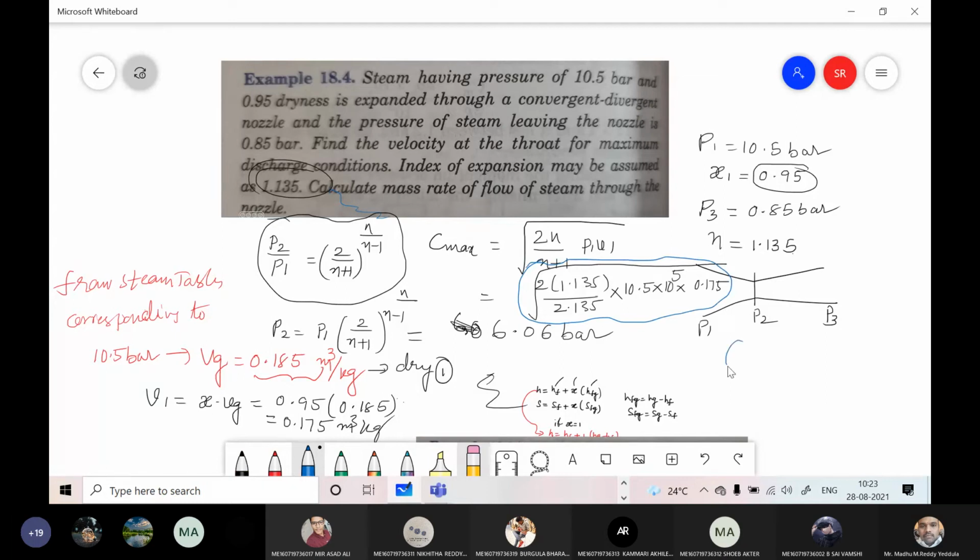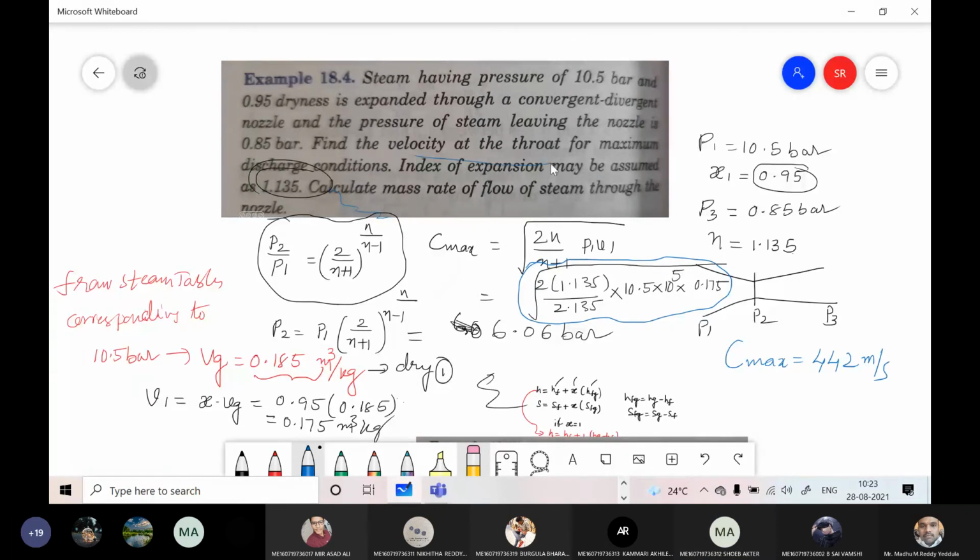So Cmax we will get 442 meters per second. We got Cmax, right?